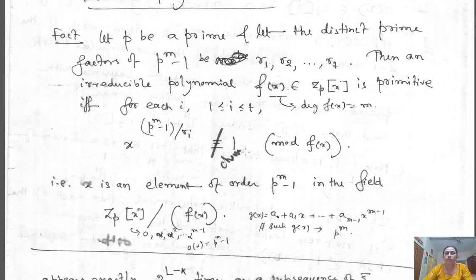These ri are essentially all the distinct prime factors of p^m - 1.